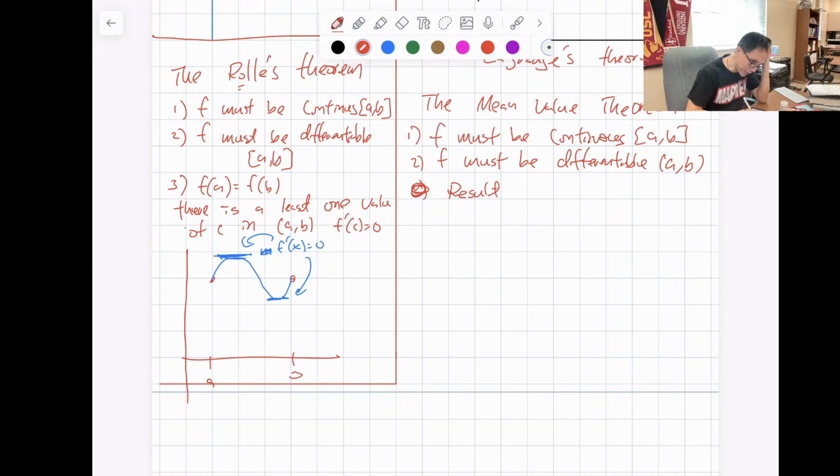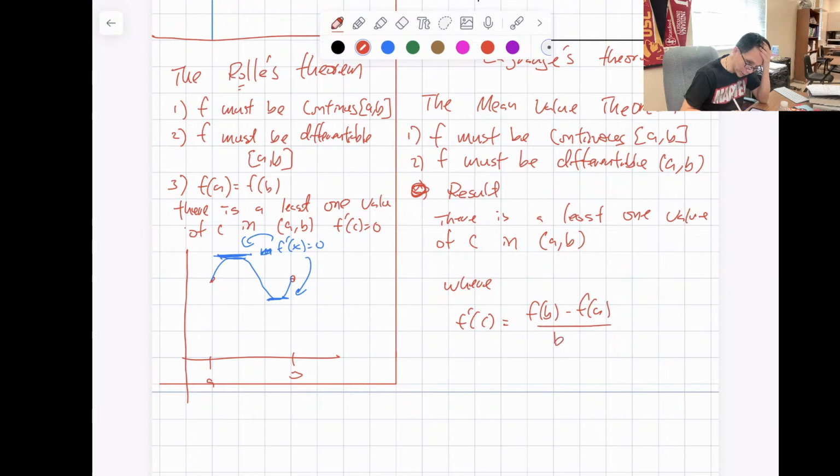The result says there is at least one value of c in interval a, b, not including endpoints. I'm going to say that again, not including endpoints, where f prime of c is equal to f of b minus f of a over b minus a.